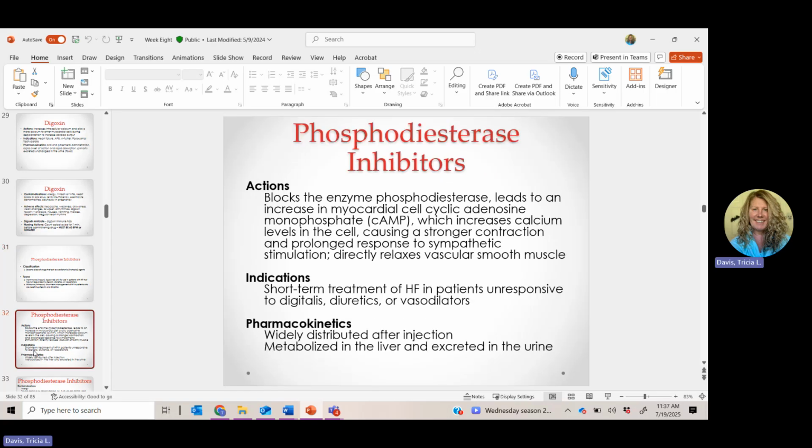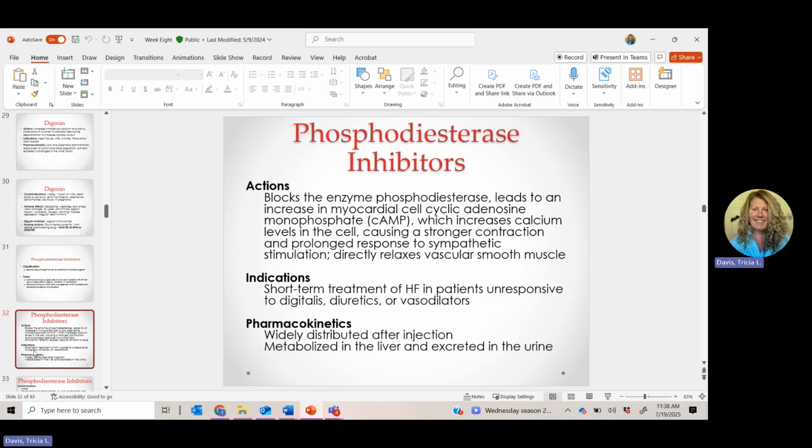All right, so how do they work? They block an enzyme called phosphodiesterase, which leads to an increase in our myocardial cell cyclic adenosine, which is then going to increase calcium levels in the cell, which we know now is going to cause a stronger contraction, and it's going to relax that smooth muscle.